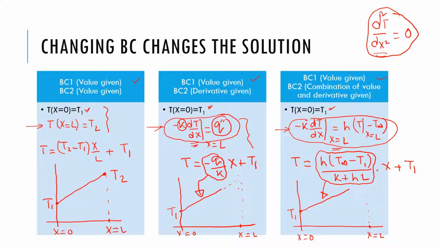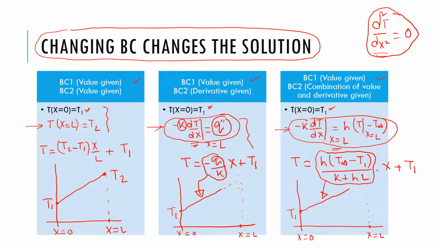So changing the boundary condition changes the solution. It's very obvious, but this has major implications as we do physics. The physics is very different as represented by the solutions.